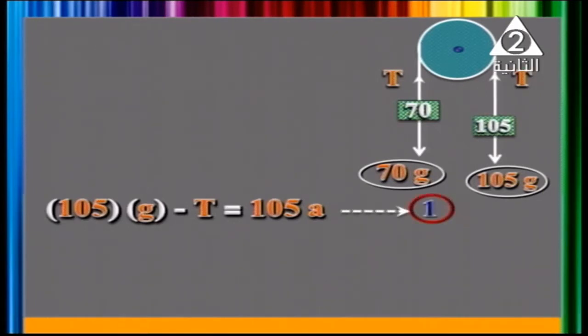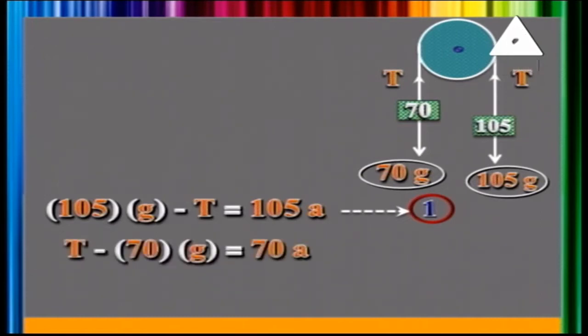Second equation: T minus 70g equals 70a.